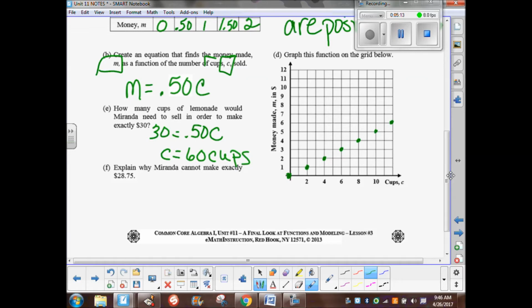We said they're 50 cents a cup. She's never saying, oh, I'll give you a deal if I only give you half a cup of lemonade. So she can only make amounts in 50 cent increments.